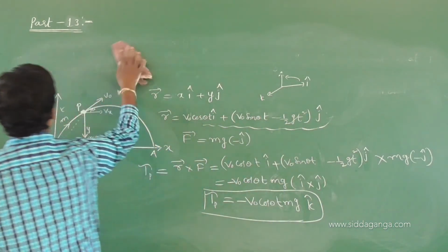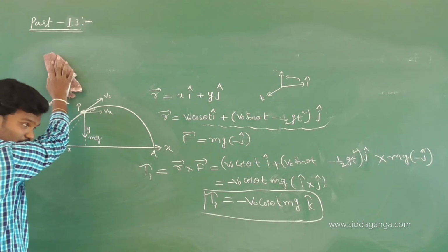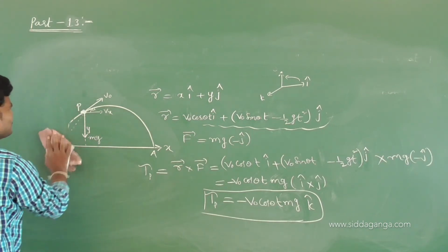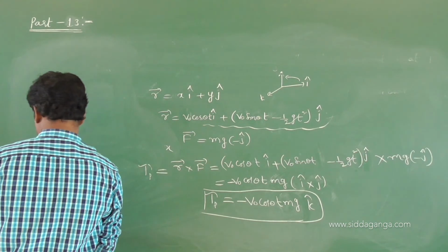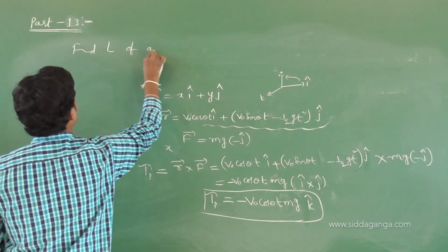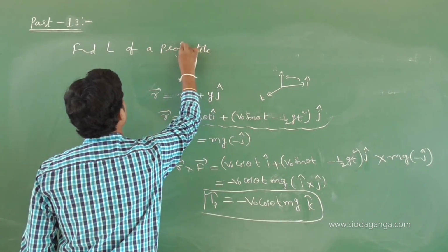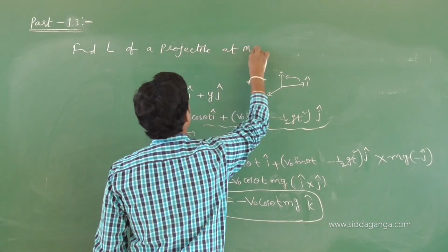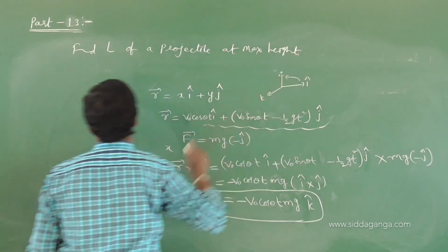Let us find angular momentum for this projectile motion. Find angular momentum of a projectile at maximum height, as shown at maximum height.